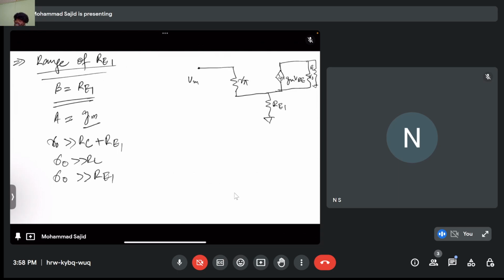We will just use the GM only. And now, do you know how to calculate input resistances? You have gone through the videos, right? You apply the test source, then you use VTest by ITest as R input. I will just directly write the value. Rin will be equivalent to R pi, and similarly R out here, if I apply R out here, it will be R naught.